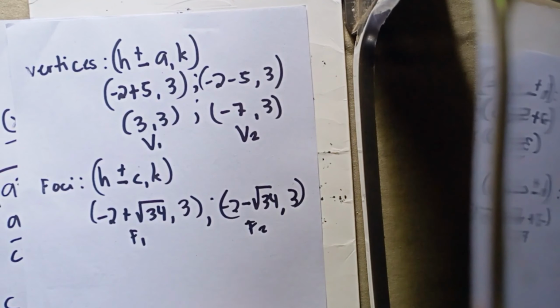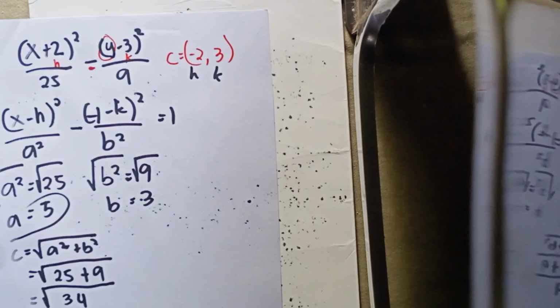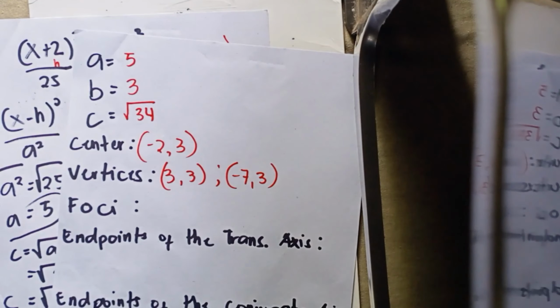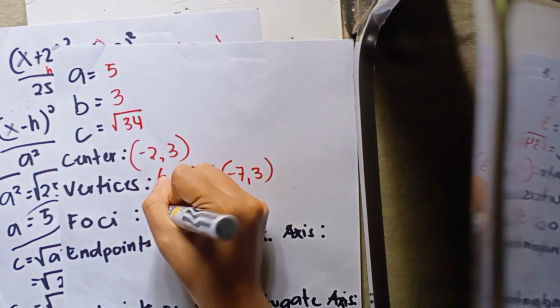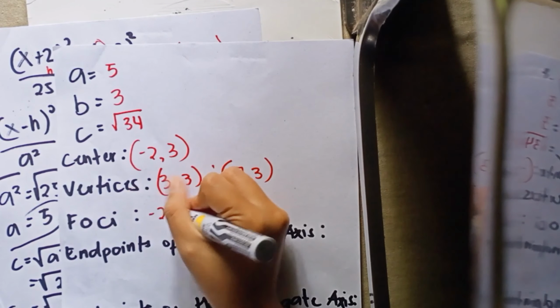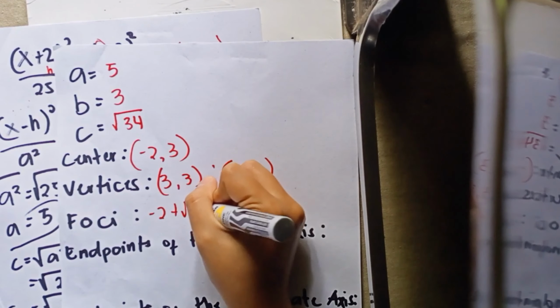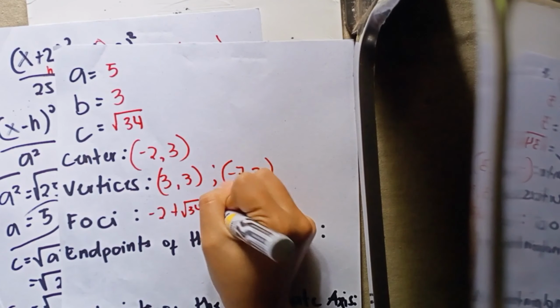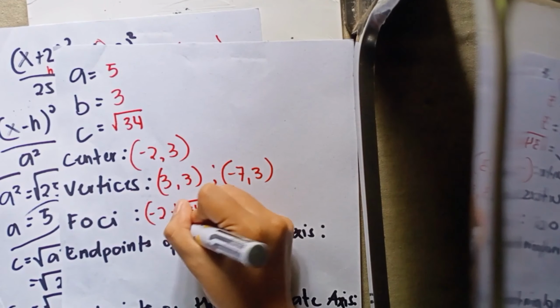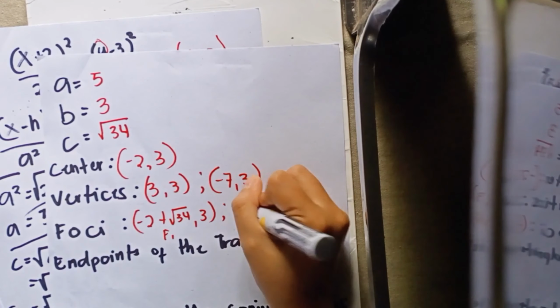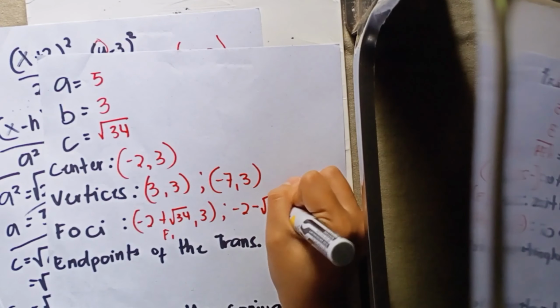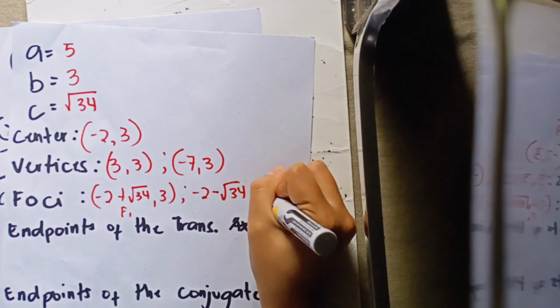So let's add it here. First, the foci: negative 2 plus square root of 34 and 3. This is our F1. Also, negative 2 minus square root of 34 and 3.